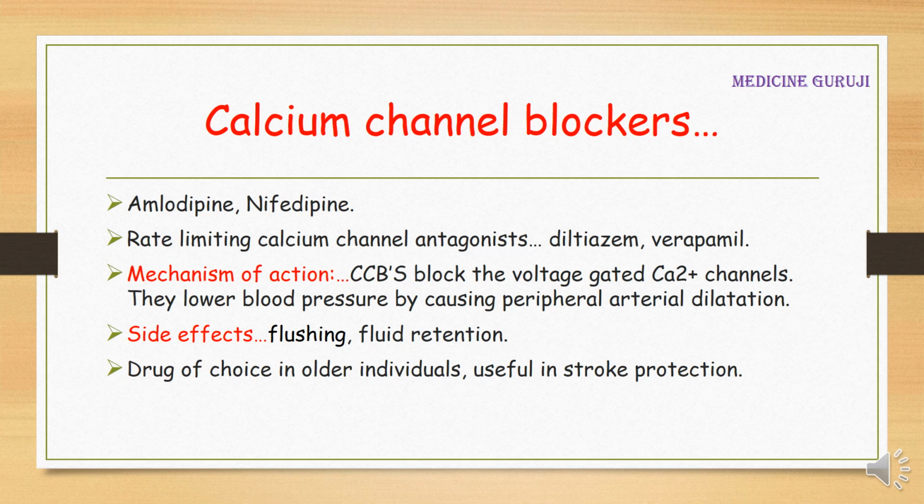What is the side effect? Always remember fluid retention. The patient will come to you, मरीज आके बताएगा साहब जब से ये एम्लोडिपिन आपने लिखी है, निफिडिपिन आपने लिखी है, तब से मेरे पैरों में सूजन आ रही है. Flushing. It is drug of choice in old individuals, geriatric persons, as they are very useful in stroke protection.